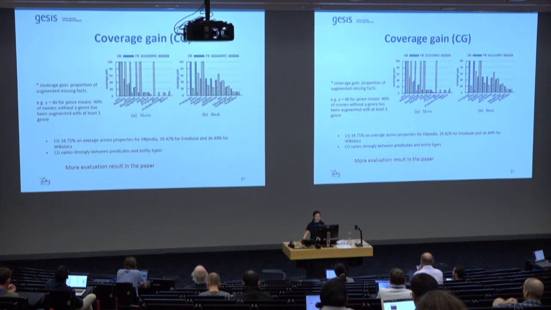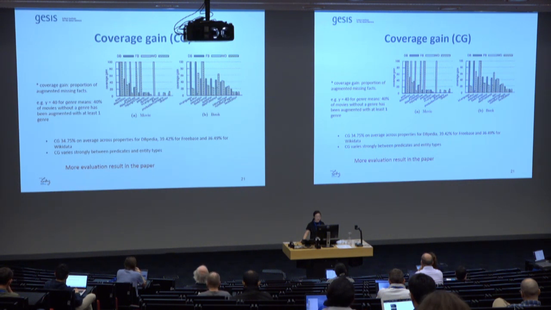And we notice that on average 40% of movies without genre have been augmented with at least one genre. For other properties, we also have increased coverage in the knowledge base after augmenting using web markup data.